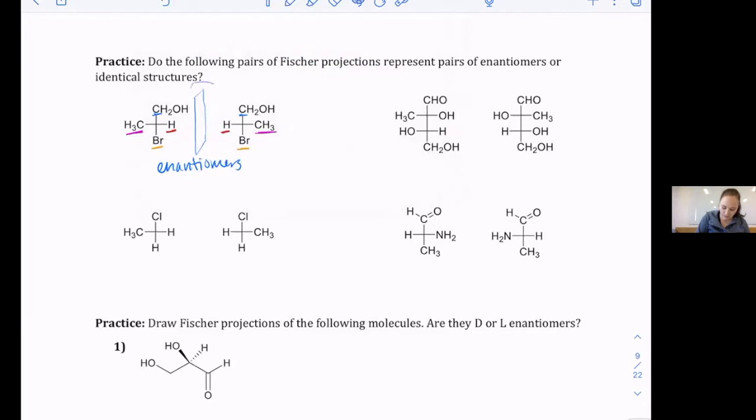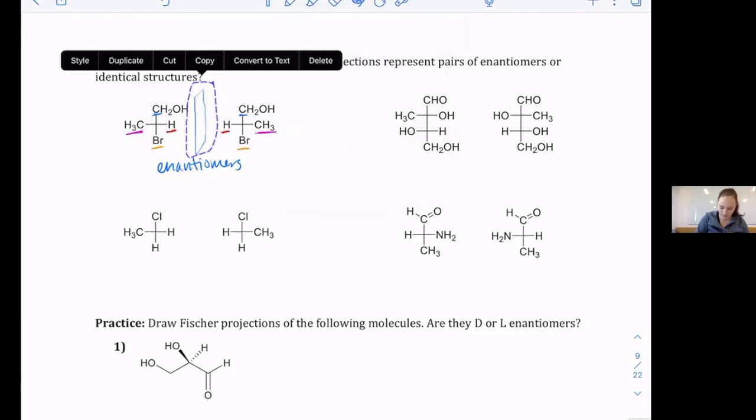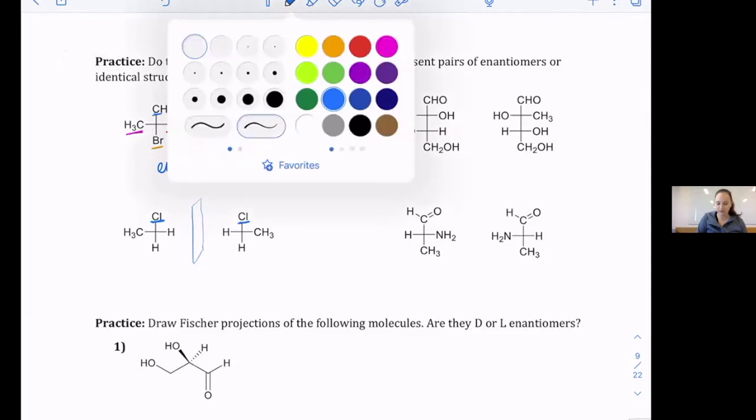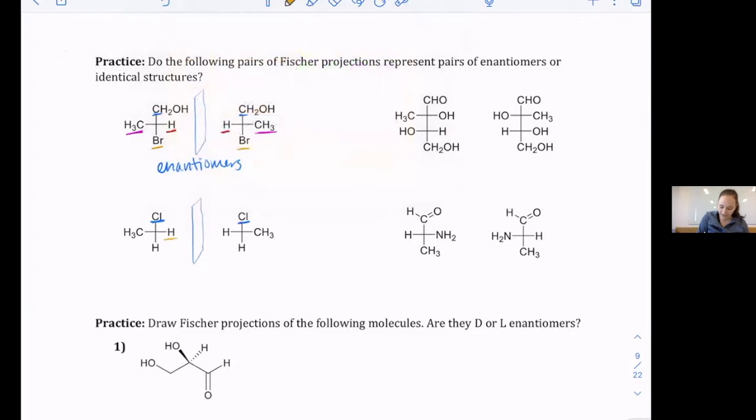Okay, so let's do this one below. We have our same mirror image. Let's see if they're going to be opposites of one another. So we have chlorine on the top. Those are mirror images for sure. We have the hydrogen here, but we have hydrogens here as well, meaning that we have 2 of the same group or atom attached to the same carbon.